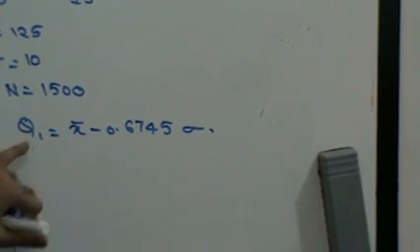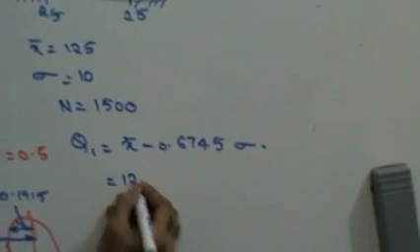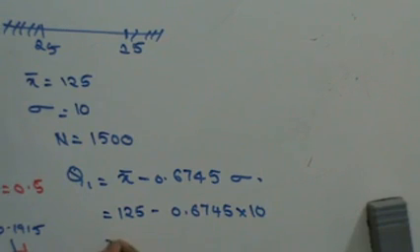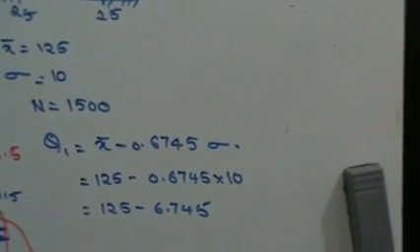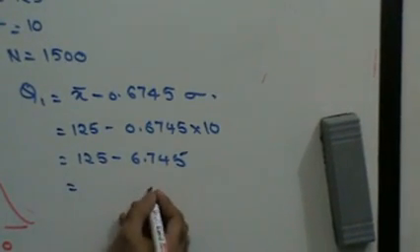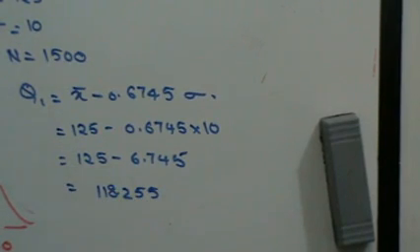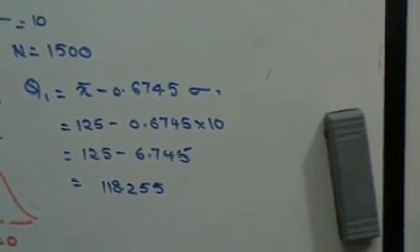You have to only remember the formula that Q1 is nothing but mean minus 0.6745 into standard deviation. Mean is given to you as 125 minus 0.6745 into standard deviation, that is 10. So this is 125 minus 6.745. How did I get 6.745? That's 0.6745 into 10. Someone please subtract and give me the answer. 118.255. Right? So this is 118.255.